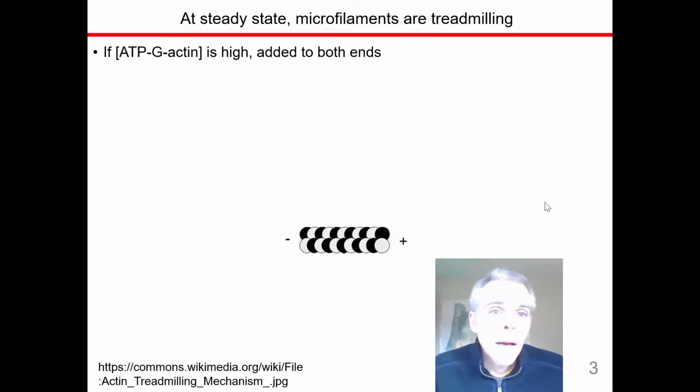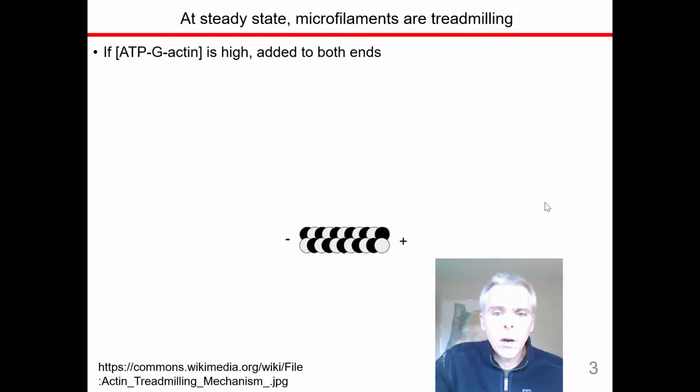So again, like microtubules, the actin monomers will grow if the concentration of the ATP G-actin subunits is high. So if we have enough ATP G-actin, we'll grow our microfilaments. But unlike microtubules, in microfilaments, we'll add to both ends.